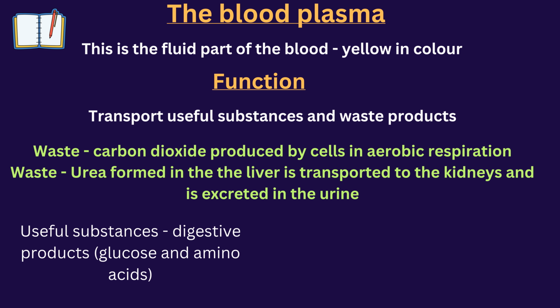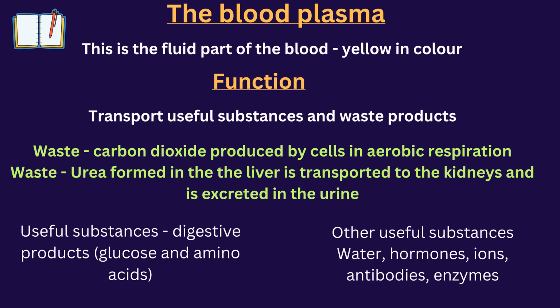Useful substances now transported by your plasma would be digestive products such as glucose and amino acids. Remember, when you digest carbs, your digestive system will break this down to glucose, and proteins are broken down to amino acids. These are useful substances transported by the plasma.